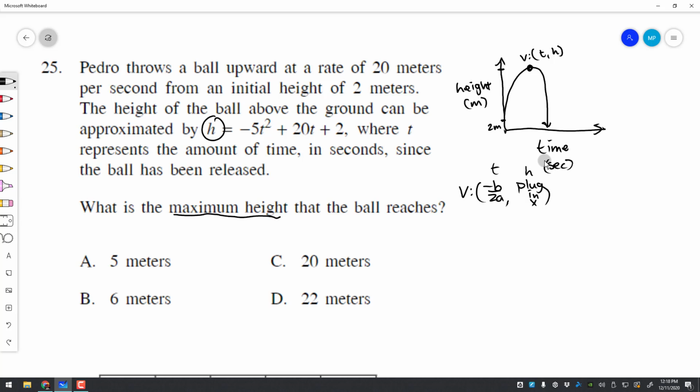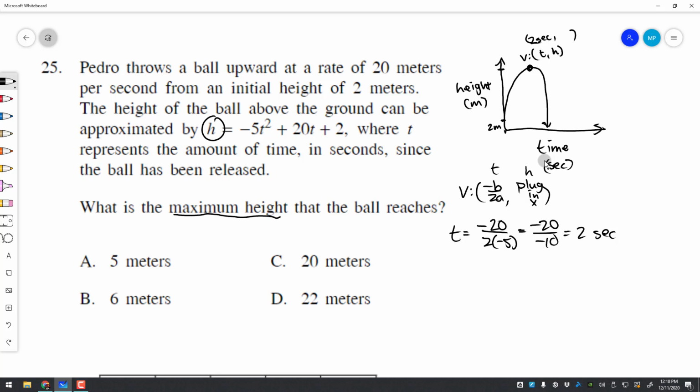So the opposite of b, which would be negative 20, over 2 times a, which is negative 5. So we get negative 20 over negative 10, which simplifies to positive 2. After 2 seconds, it reaches the maximum height.